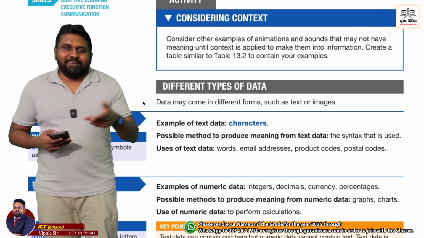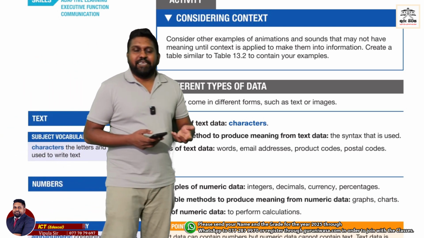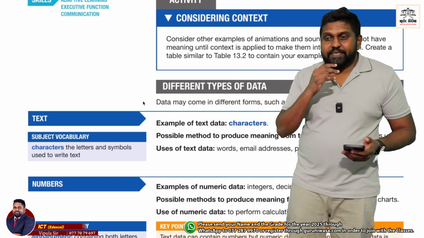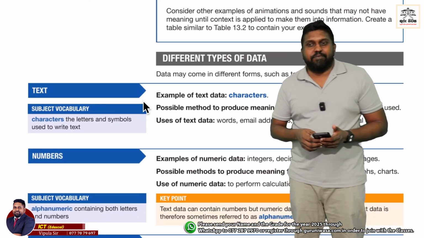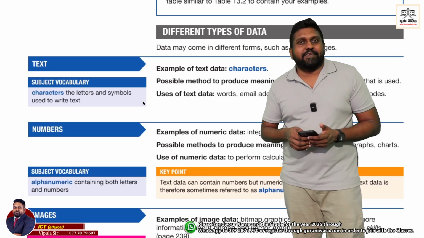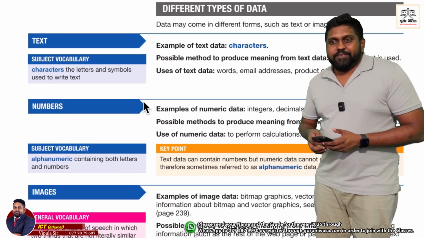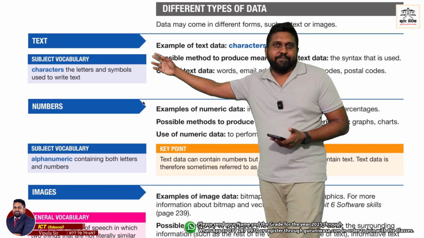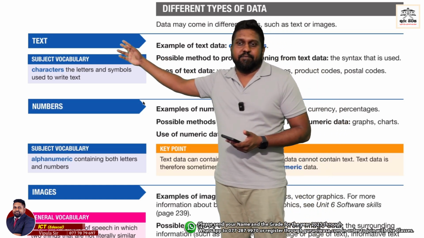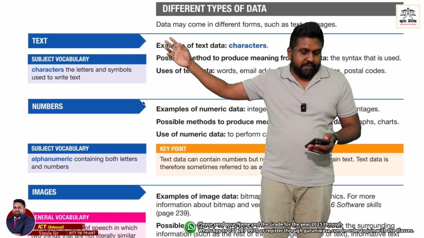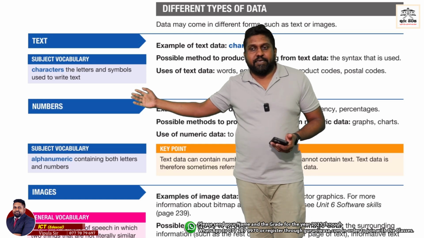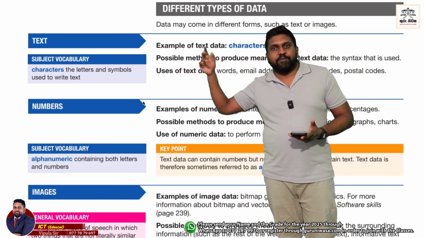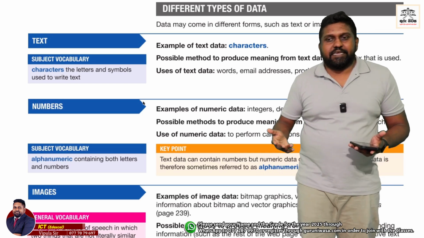Okay, now different types of data. Here we talk about the very utmost basic types of data. Primarily, we have text. Text is the most common data set we have, and it has the most possible ways of being produced.